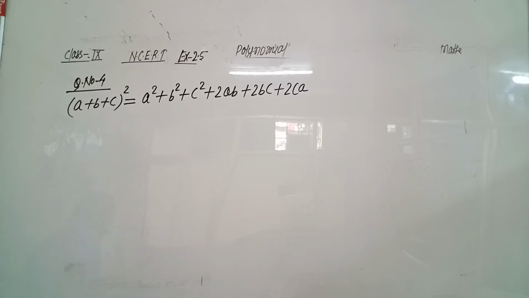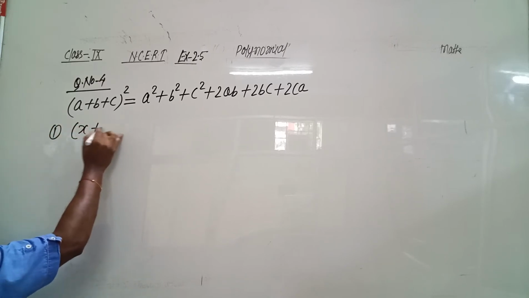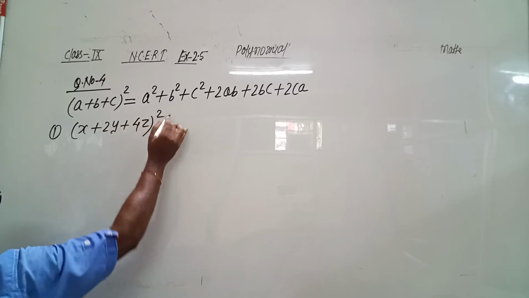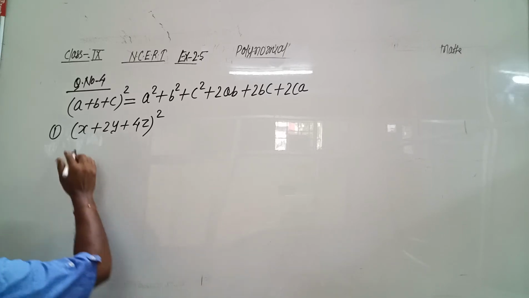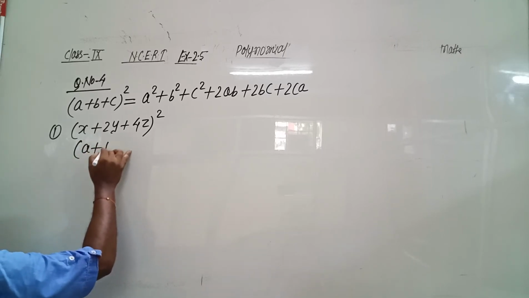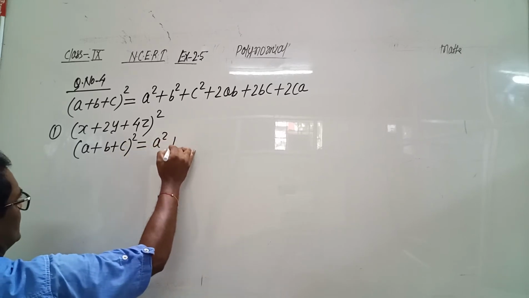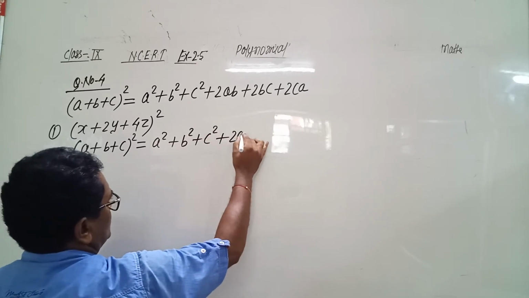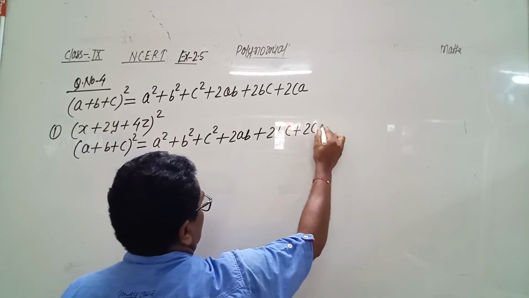So the first part is x plus 2y plus 4z the whole square. Firstly we use the identity, we write the formula a plus b plus c the whole square equals a square plus b square plus c square plus 2ab plus 2bc and plus 2ca.